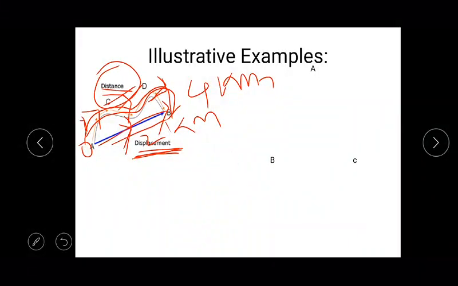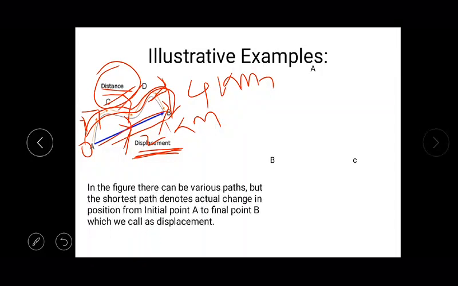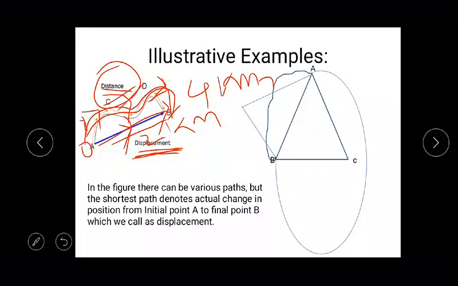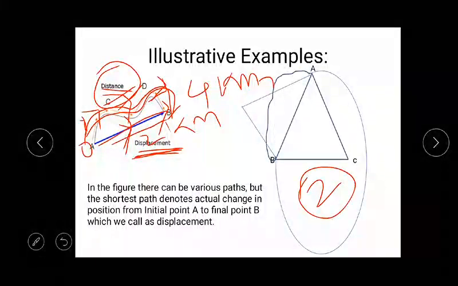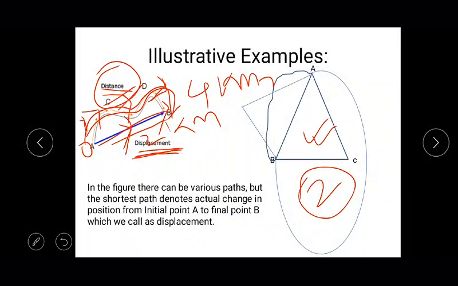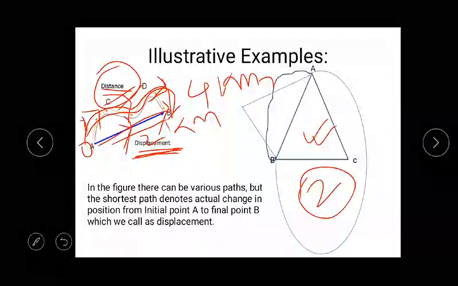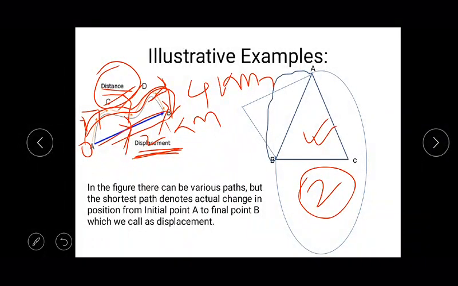Now here is another figure given here. You can try to understand by yourself from this second figure what distance and displacement is.